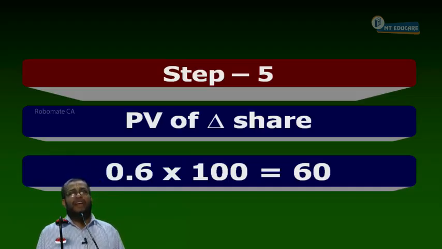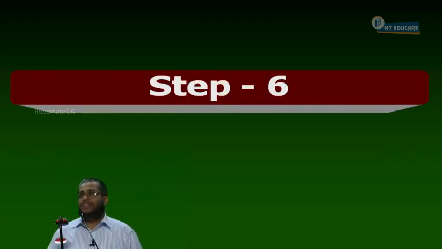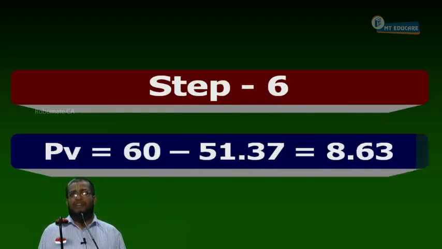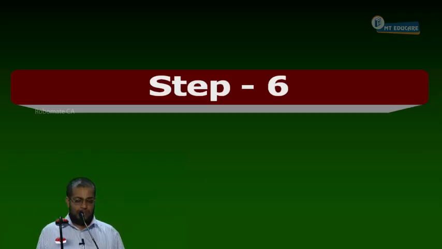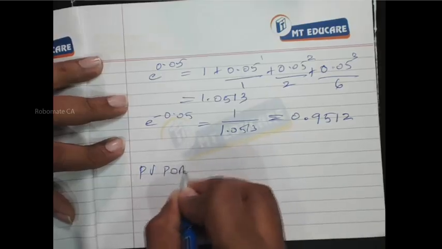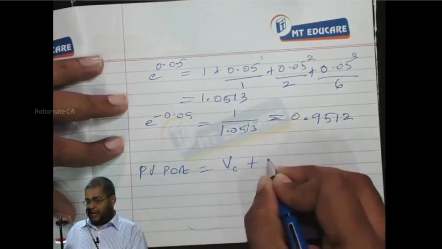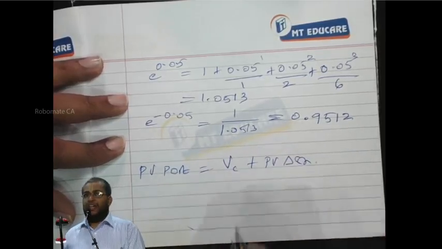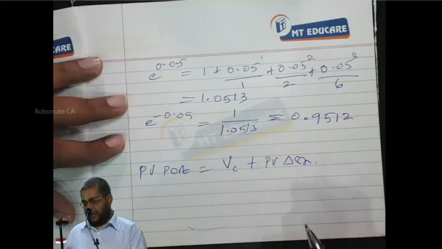The call value. Step 6, value of call. Write down: present value of portfolio is equal to value of call plus present value of delta shares.